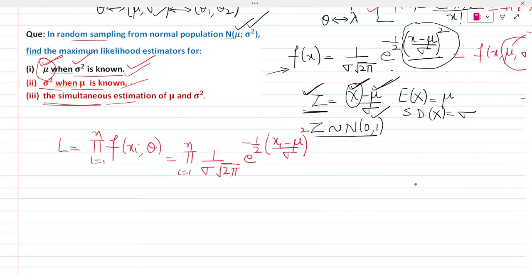So this is 1 by sigma root 2 pi e to the power minus half of (x1 minus mu upon sigma) whole square, then 1 by this e to the power minus half of (x2 minus mu upon sigma) whole square, and so on.